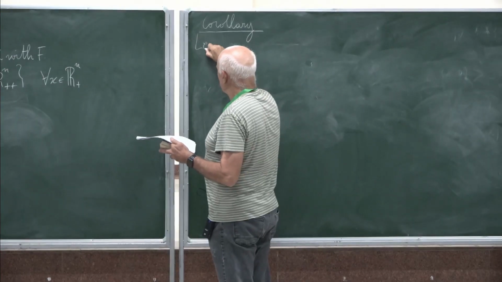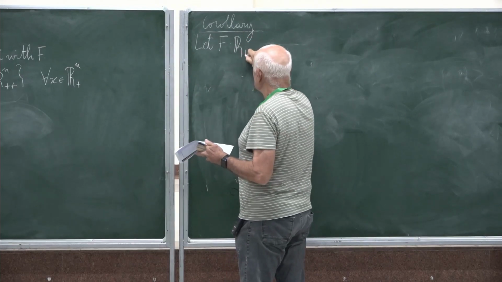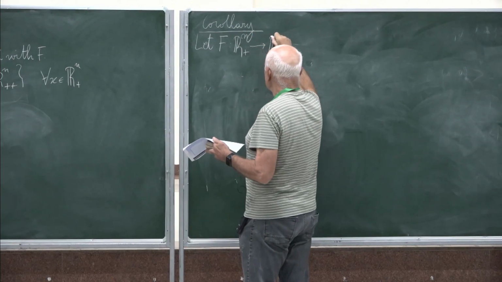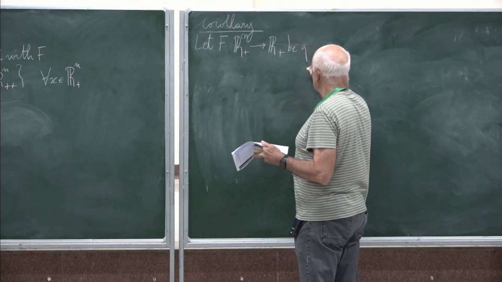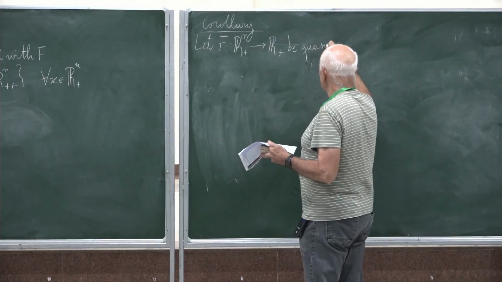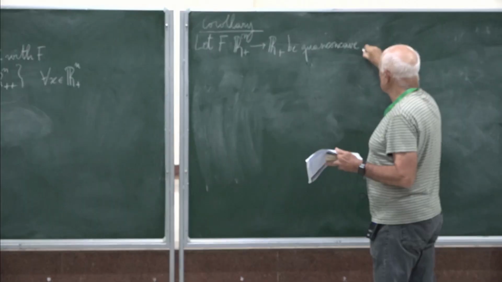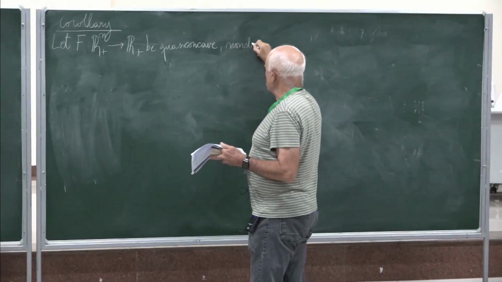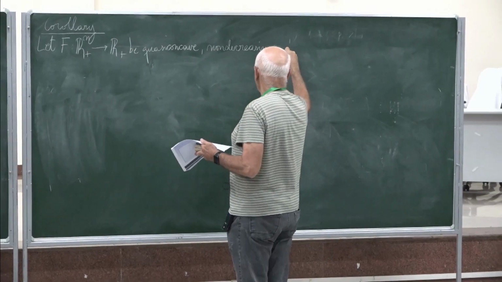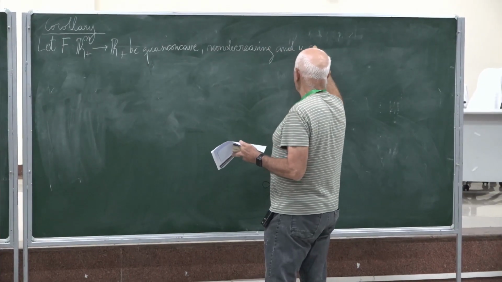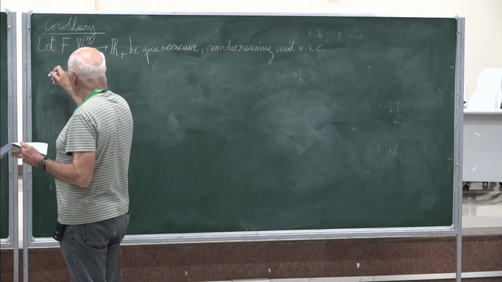So let F be as there, a regular production function. And let C be as there.